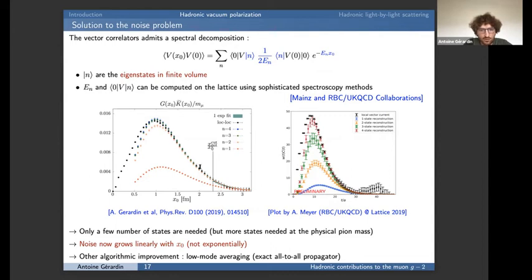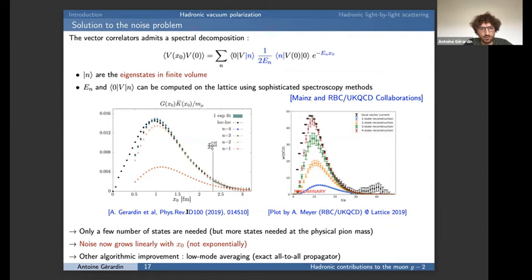At long distances, let's say after 1.5 or after 2 Fermi, only very few states need to be included to saturate this sum. And by doing this trick, the noise of our signal increases only linearly with time instead of exponentially. So it is a way to solve this statistical noise that we have in our simulation.